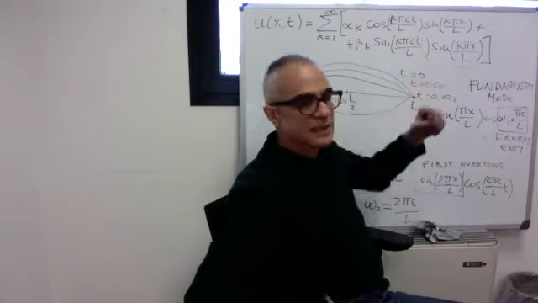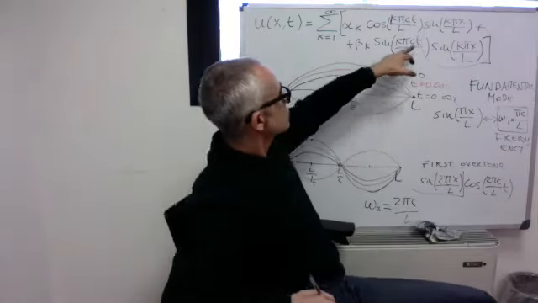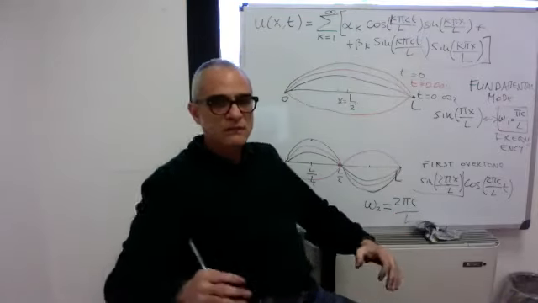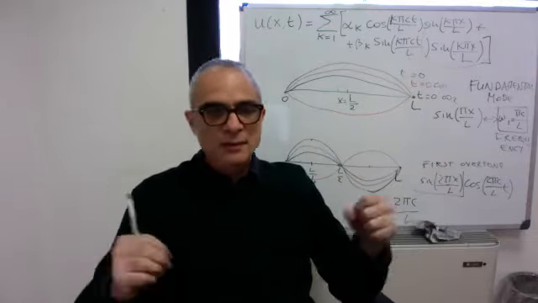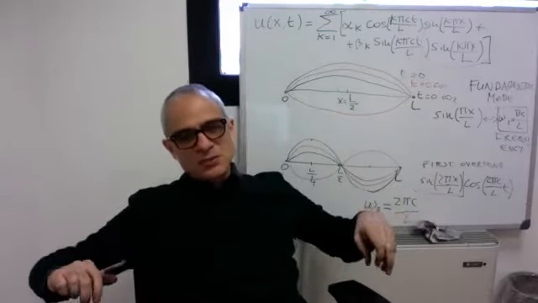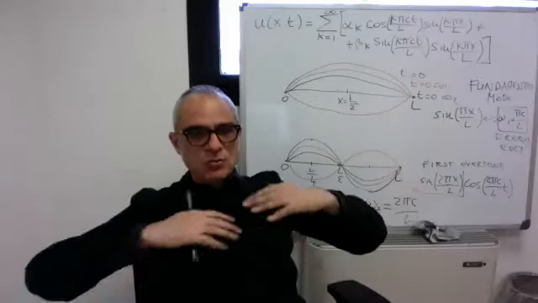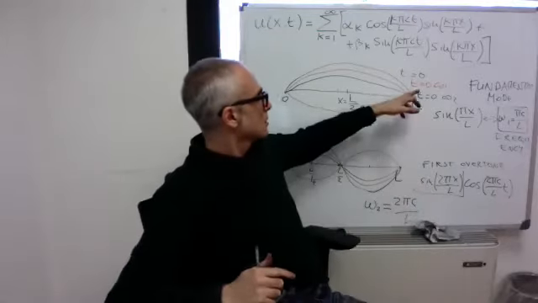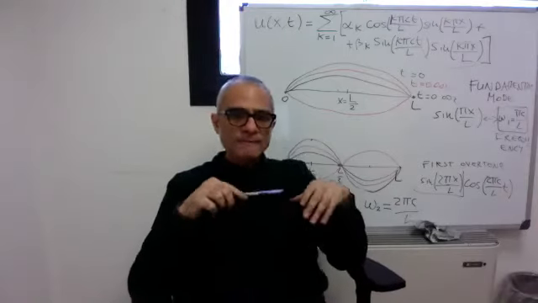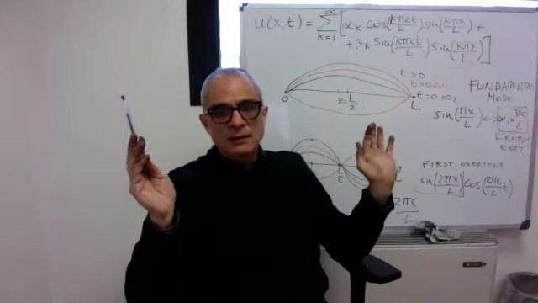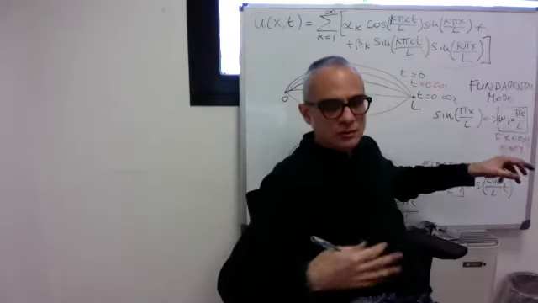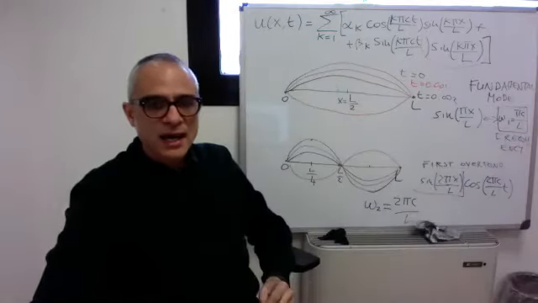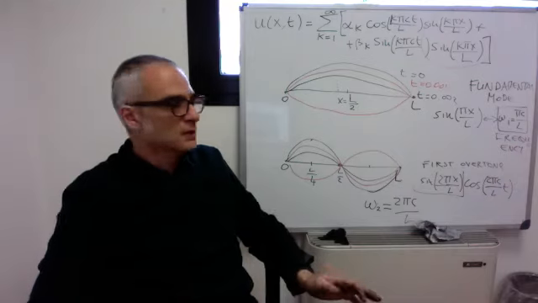Once we've chosen L, once we've chosen c, so we've bought our guitar, we bought a string, we mounted the string on the guitar and we tuned it, so we chose how much tension we want to have on the string, then the frequencies that can occur on that string are fully determined.